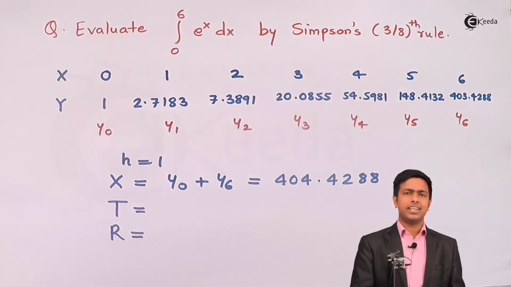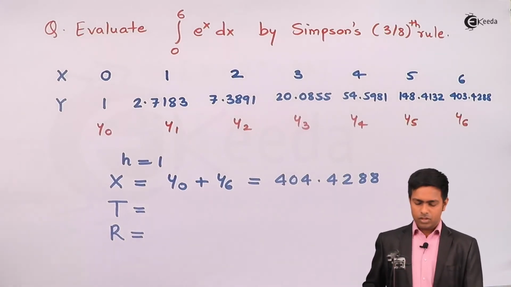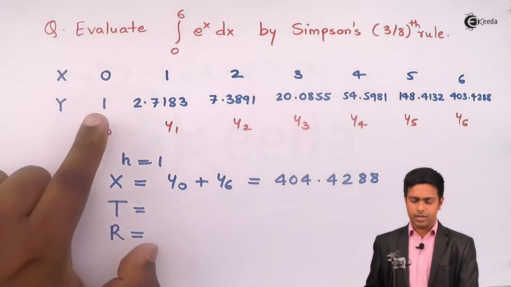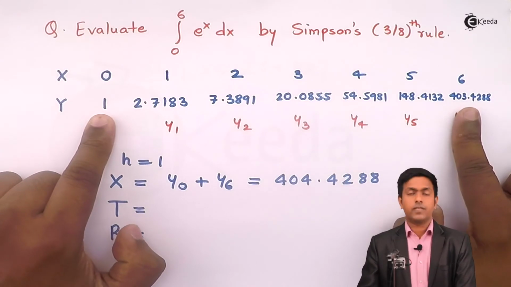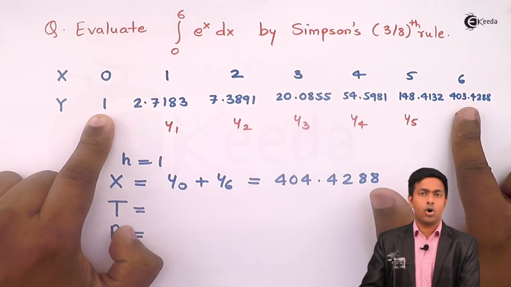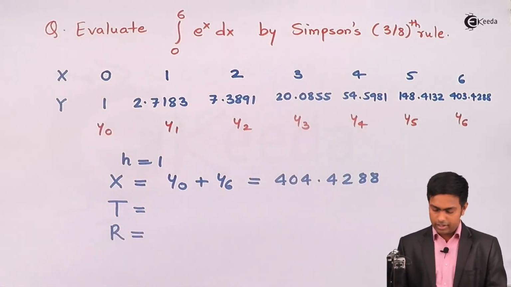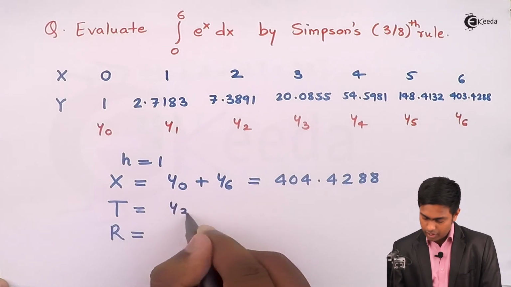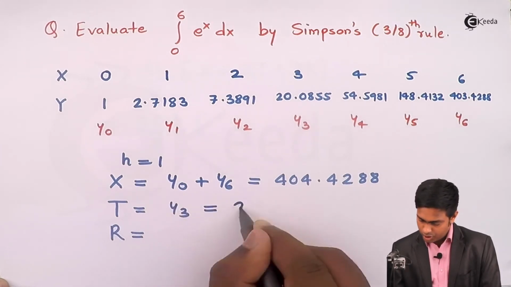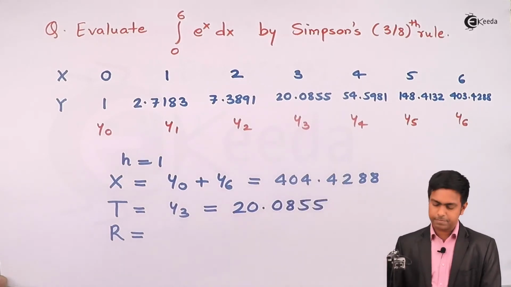So T is nothing but the sum of ordinates which are multiples of 3. In the extreme ordinates I have considered y0 and y6. Now these 5 ordinates are remaining, and among them only y3 is the ordinate which is a multiple of 3. So I'll write down that value, y3, which is equal to 20.0855.